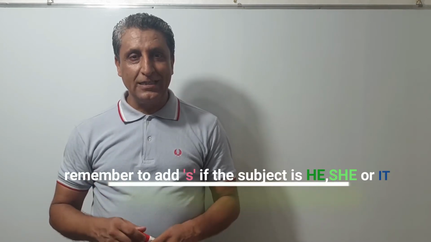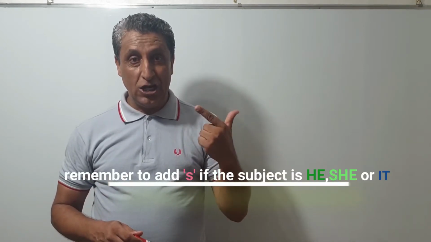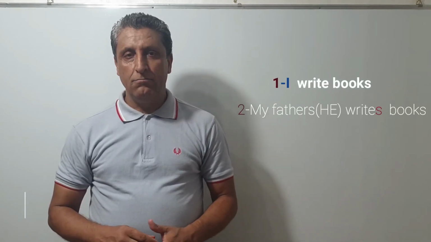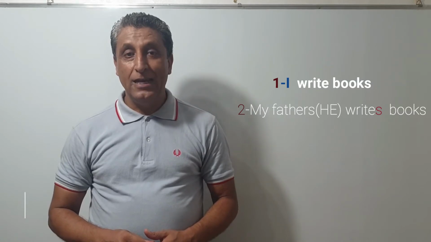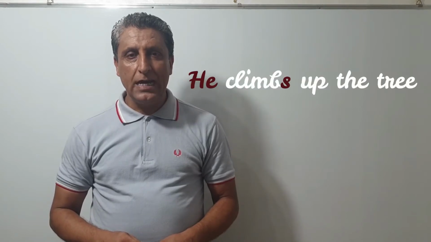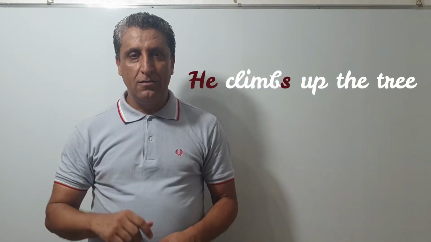We add S to the verb if the subject is he, she, or it. Example, the verb write: he writes. The verb climb: he climbs. The verb run: she runs.